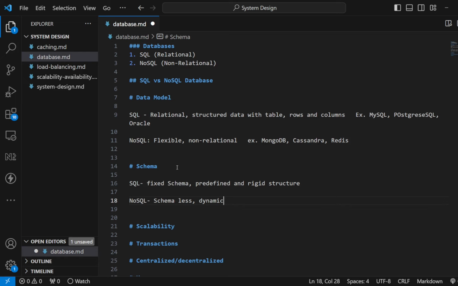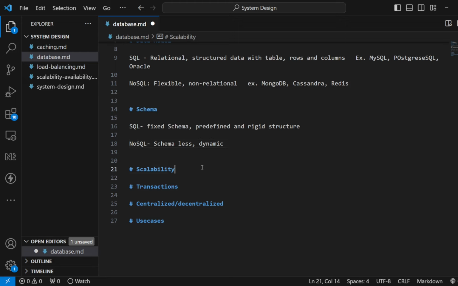Okay. So now let's discuss on the basis of scalability. SQL is vertically scaled. In SQL, it can be scaled vertically by adding more power like CPU, RAM to a single server.